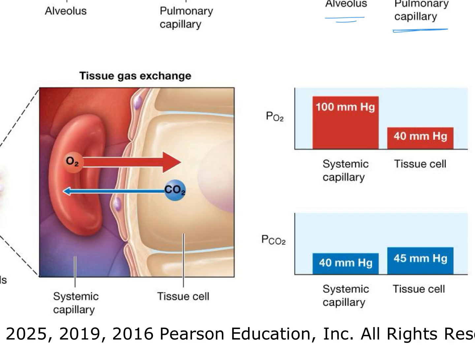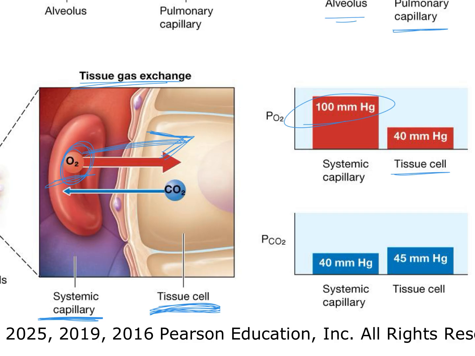so it can be released from the body. If we look at the tissue level, when we look then at internal gas exchange, we see the opposite. So now we have cells of the tissue, so maybe a liver cell or a skeletal muscle cell, and then we are looking at a systemic capillary. We're no longer in the lungs. In the systemic capillary, we have a relatively high amount of oxygen, about 100 millimeters of mercury inside of the blood. It is relatively low in the cells. So the oxygen gets unloaded, moves from the blood into the cells, and it's then going to be needed by the mitochondria for ATP production.